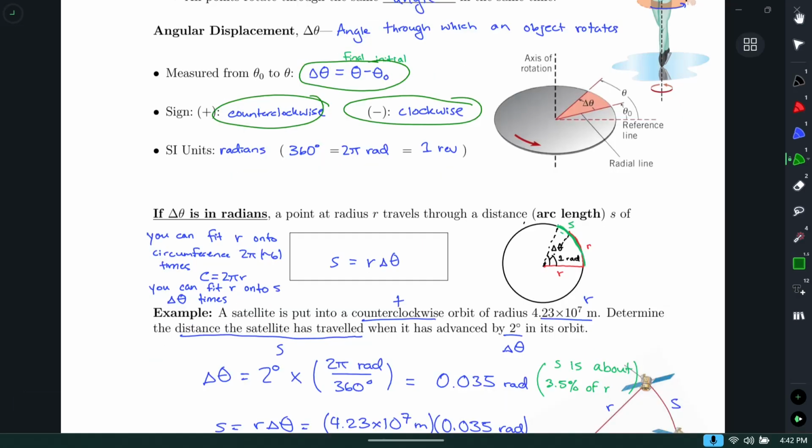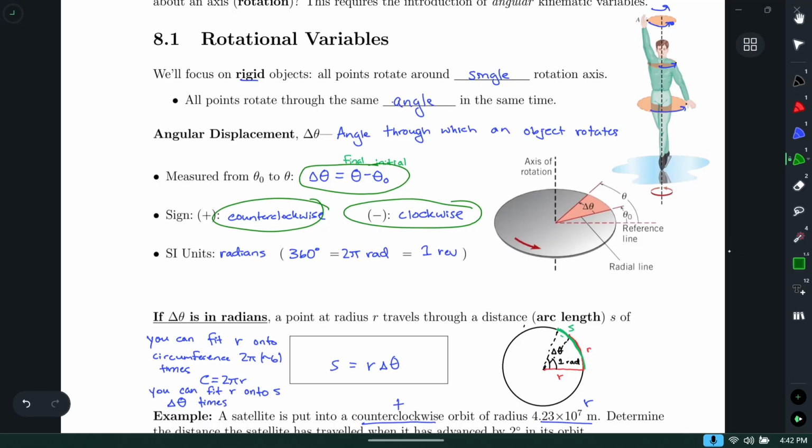And the angle is a more convenient way to talk about things that are rotating, because if we looked at specific points on a rotating object and we were just really stubborn and said, I really want to talk in terms of distance and actual displacement in meters, the problem is that depending on the circle that each of those points ends up moving through, they're going to travel totally different distances.